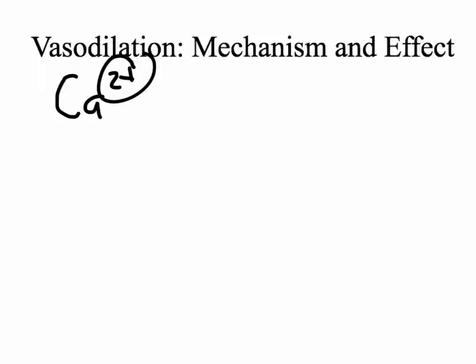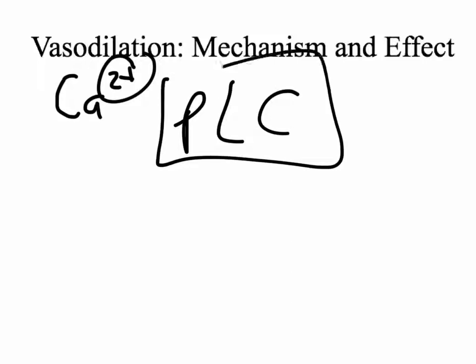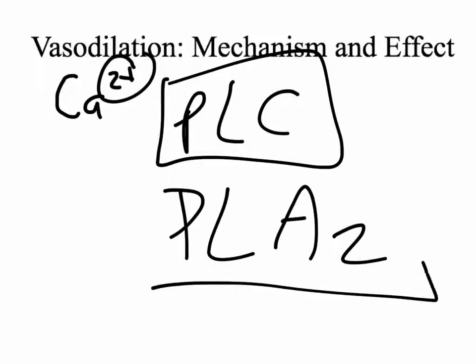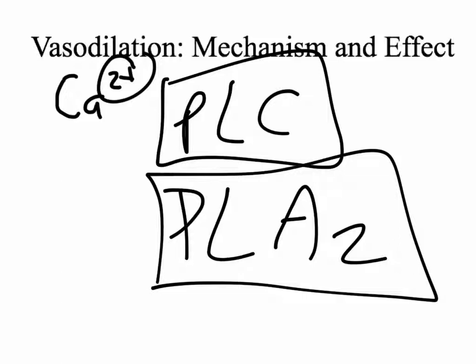If you said phospholipase C, you are right, and I think the whole mechanism biochemically involves phospholipase C, but what I'm looking for is phospholipase A2. Why? Because phospholipase A2 is going to cleave some membrane stuff and it's going to release arachidonic acid.